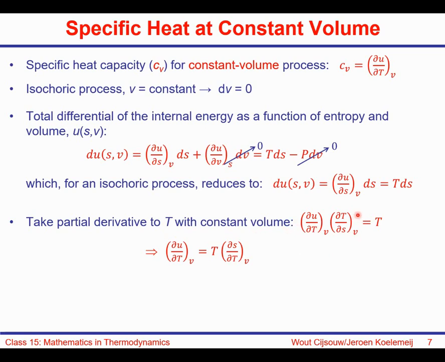So we can take the dt ds to the other side of the equation, and this is then what we find. We just divide both sides of the equation by dt ds.